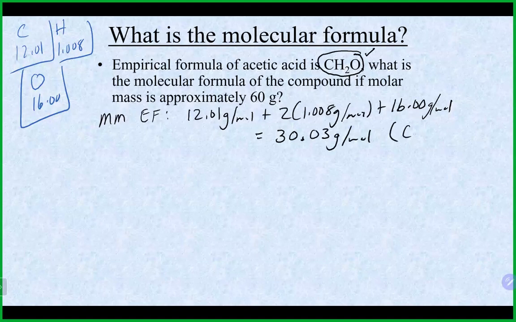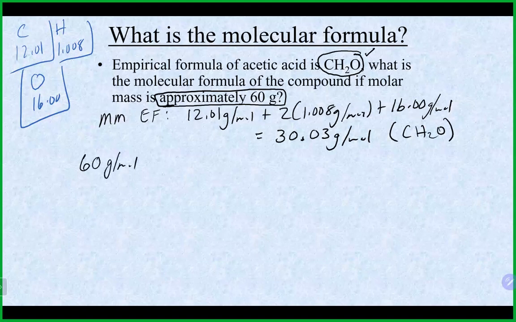The last thing that we need to figure out our molecular formula is what is typically given to you in the problem, which is right here. It tells us that the approximate molar mass of this compound is about 60. So the actual compound has a molar mass of about 60 grams per mole.